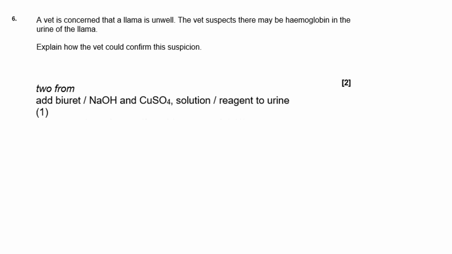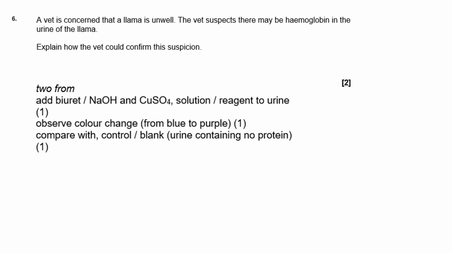You did not need to state that, but you did need to state that you add Biuret to the urine, and then you need to state that if it's positive, it will change color. So therefore, you need to state the color change, which for Biuret starts off blue and will go purple, confirming that there is protein in the urine.